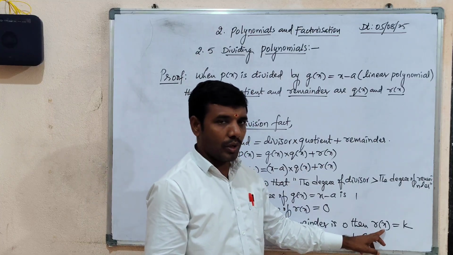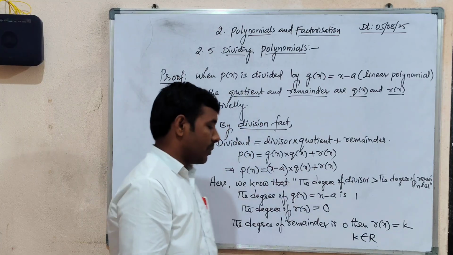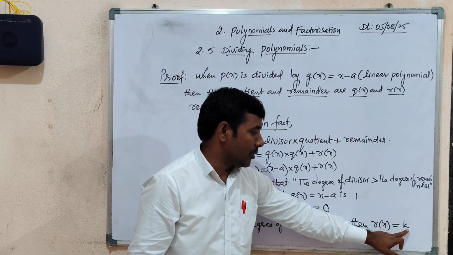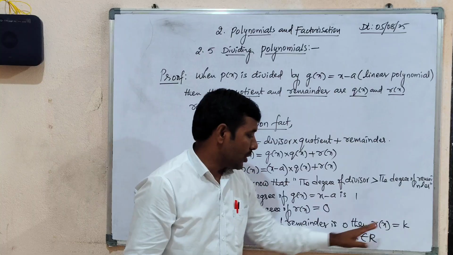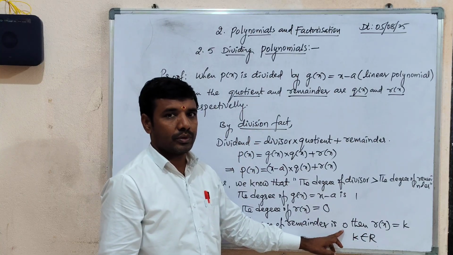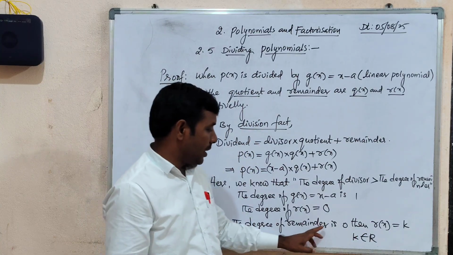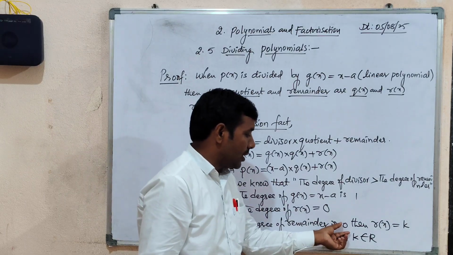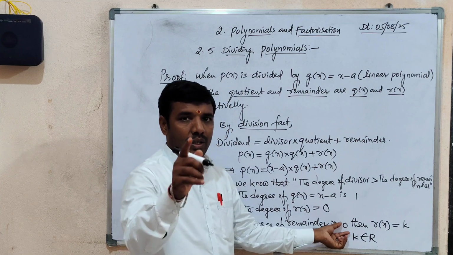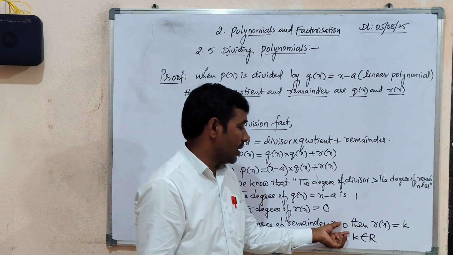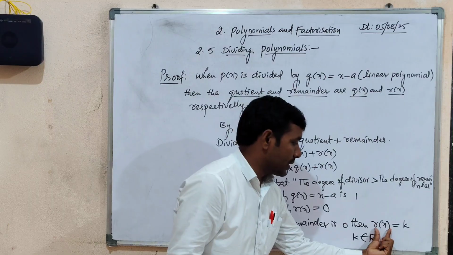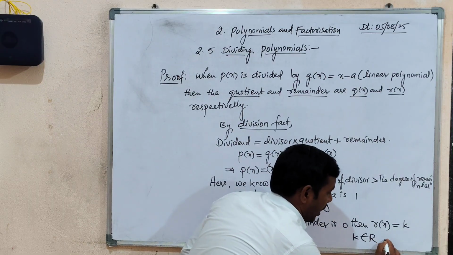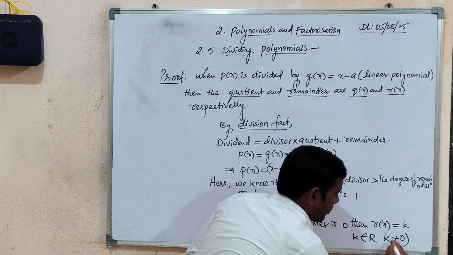R of x is one kind of polynomial, and it should be a constant polynomial. K indicates a constant number. This is called a constant polynomial. The degree of a constant polynomial is 0. So P of x is equal to k, where k belongs to the real numbers and is not equal to 0.